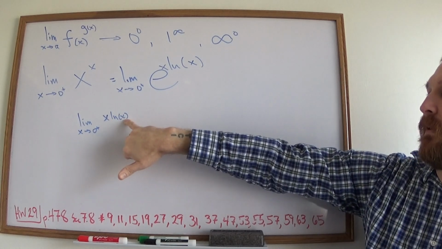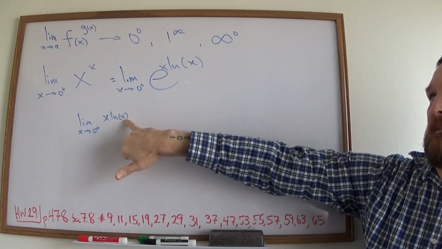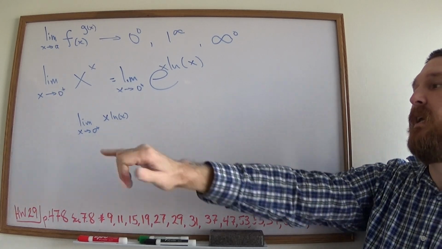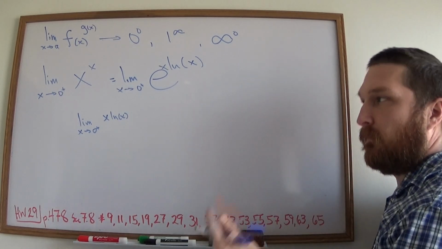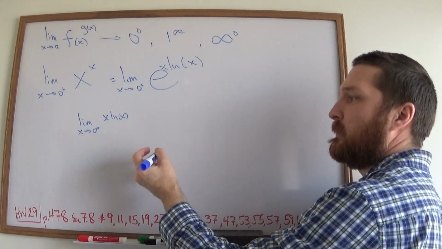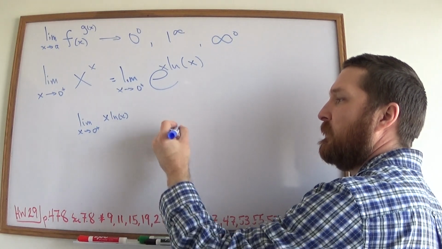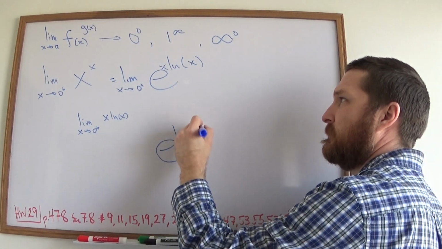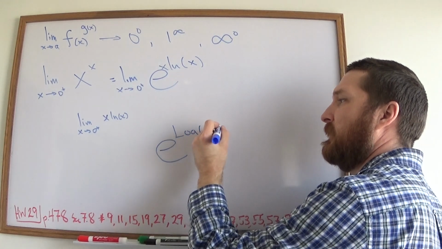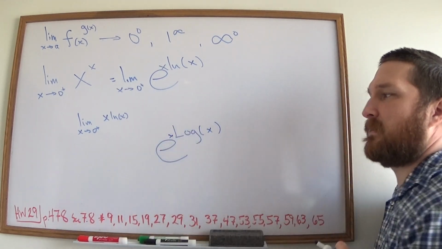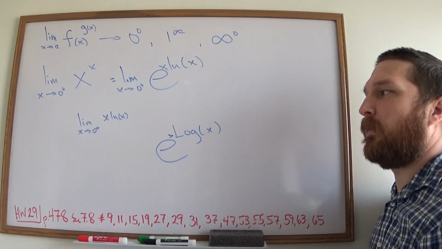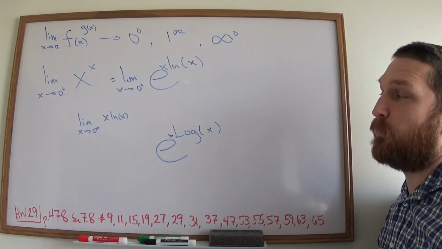Because if you tried to plug in a negative number there, yikes. What you would do, and we're not going to do this in this class, is rewrite this using the complex logarithm, which can take negative values.